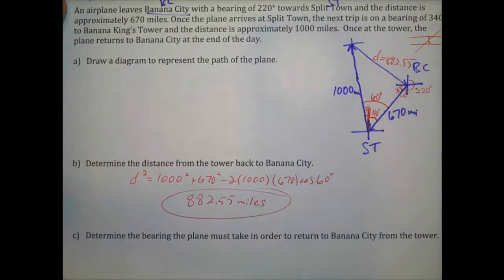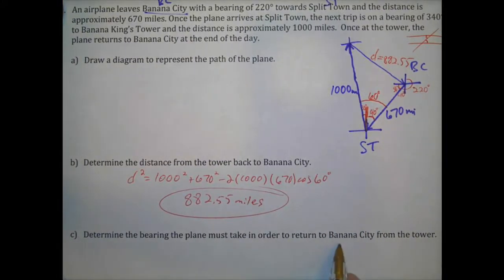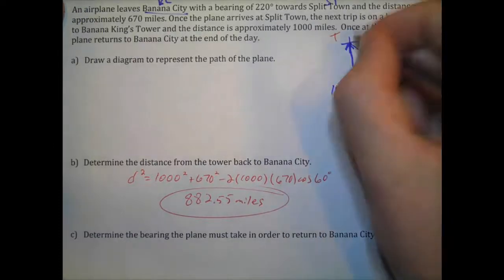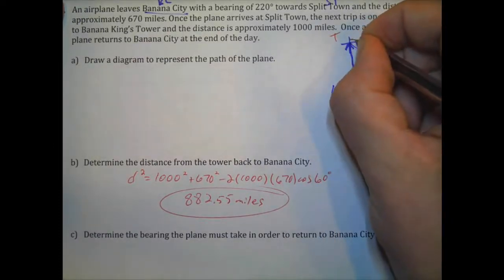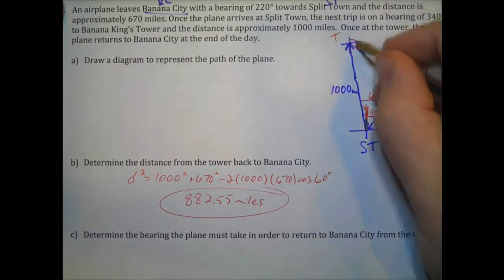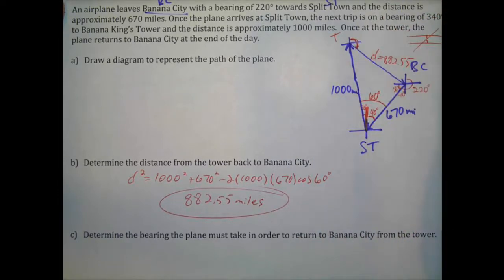882.55. Now it says determine the bearing the plane must take in order to return to Banana City from the tower. So I am at the tower and I want to go to Banana City. From the tower, the bearing to Banana City is right there, from north around to where my vector is.